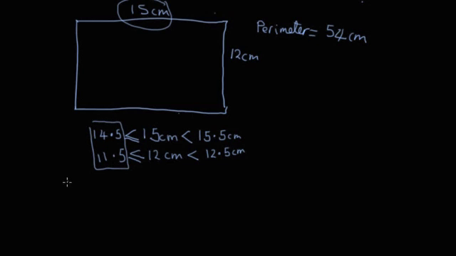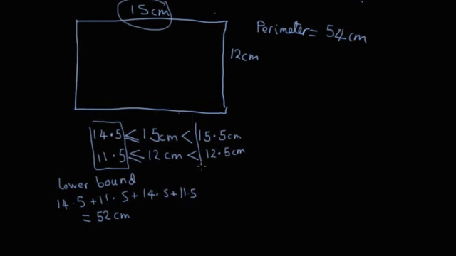Now if we use the minimum measurements, that would give us the lower bound. So we would add 14.5, add 11.5, add 14.5, add 11.5. And that gives us a lower bound of 52 centimetres.